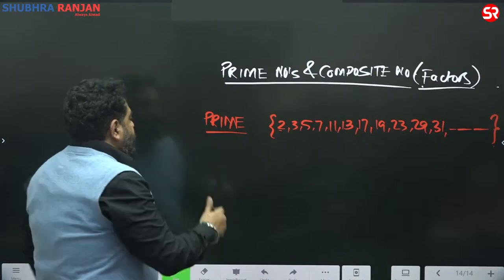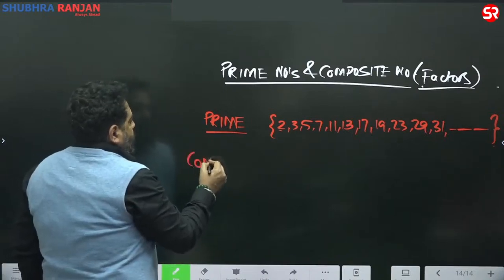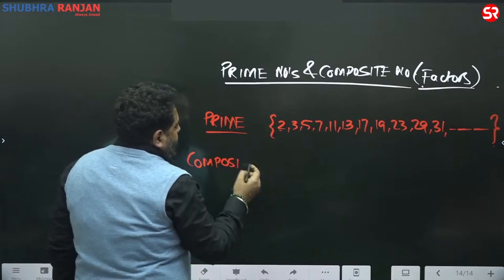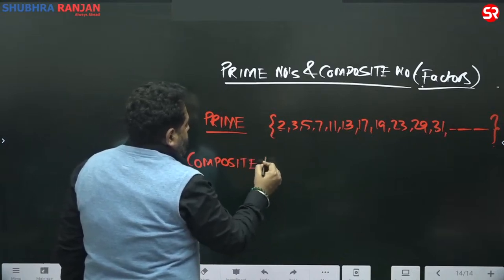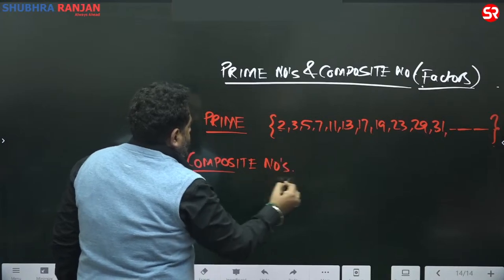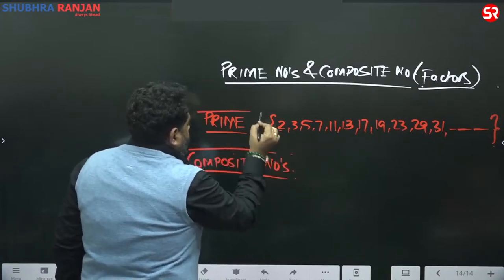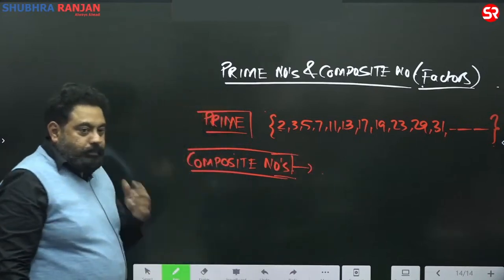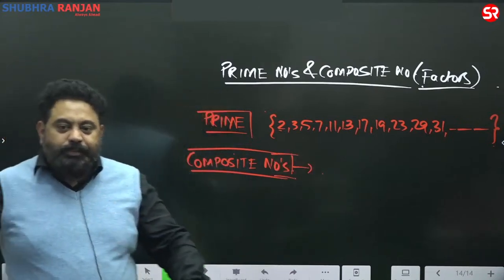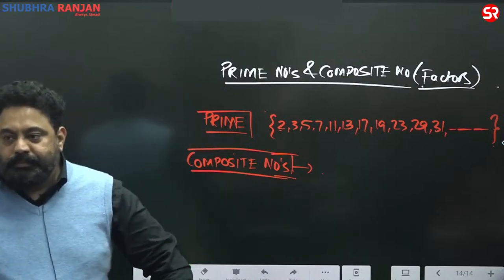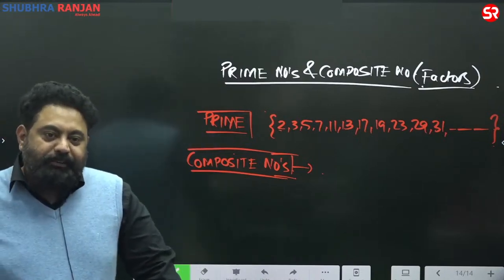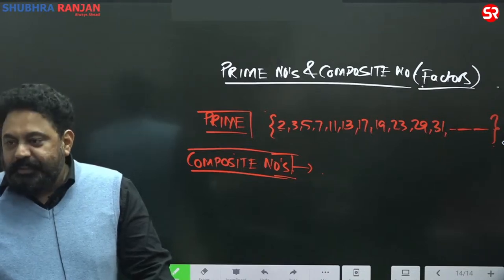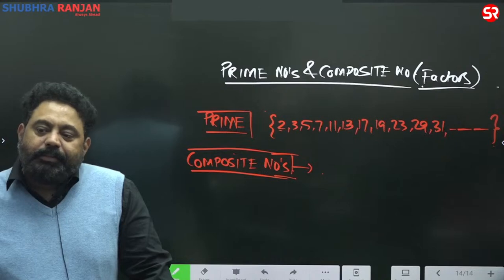What are composite numbers? Numbers having more than 2 factors, or numbers having 3 or more factors. That is better. Numbers having 3 or more factors.